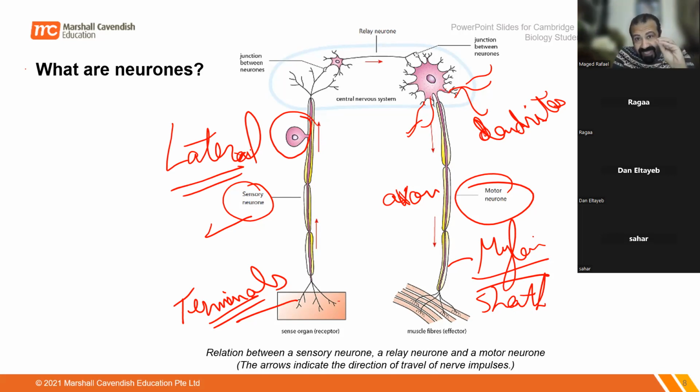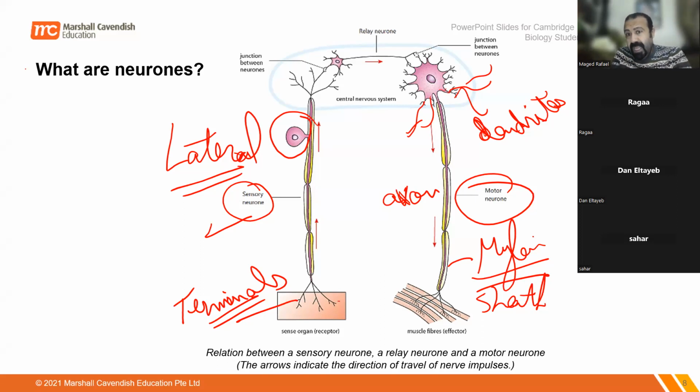If you can observe, I have the brain here, in blue or baby blue. I represent the relay neuron as found in the brain. The relay neuron has a short axon because I will not deliver the message to far places. I want to deliver the message to the motor neuron directly. So the action will be taken, but the dendrites are there and the axon is short.